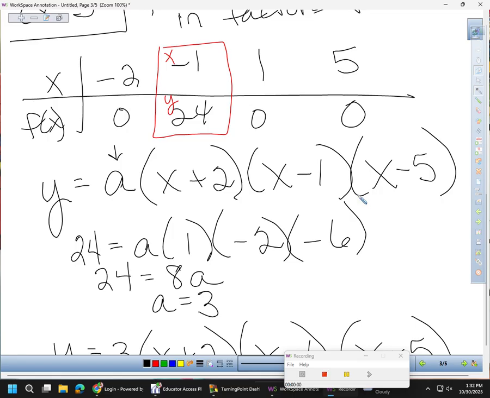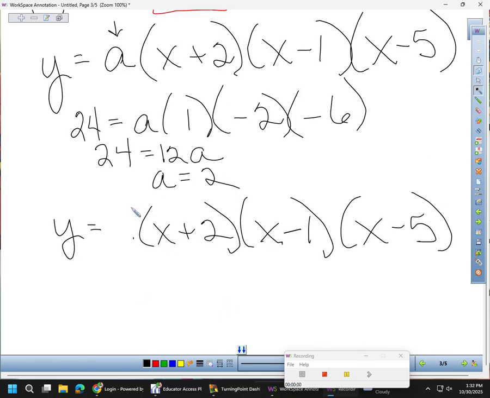Oh, sorry, guys. I obviously can't multiply very well. 1 times -2 times -6 is -12. Yeah, I multiplied wrong. So this is 12a. I divide by 12, and a is 2. Thank you. So this obviously is a 2 in the front. Thank you very much, Marissa. I appreciate that.